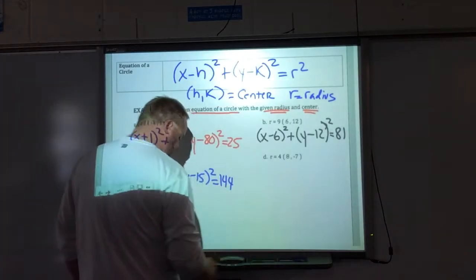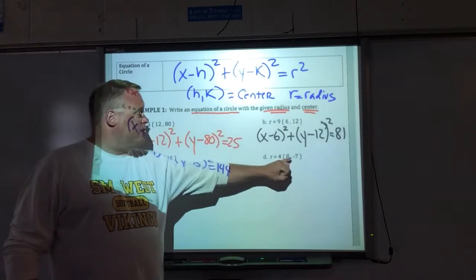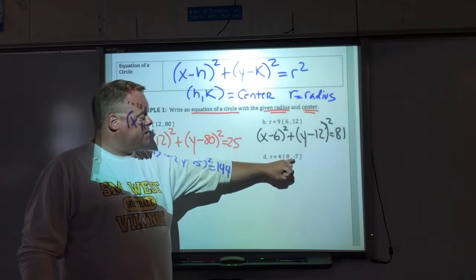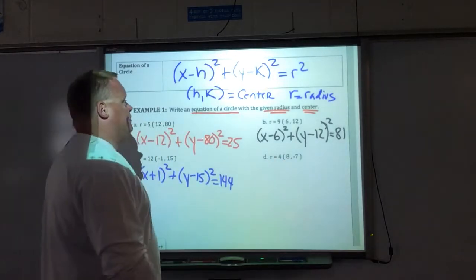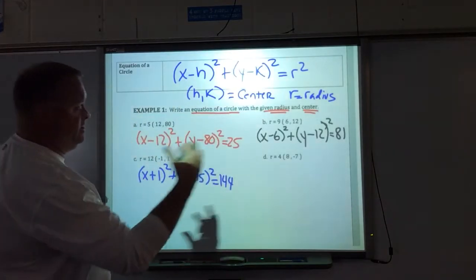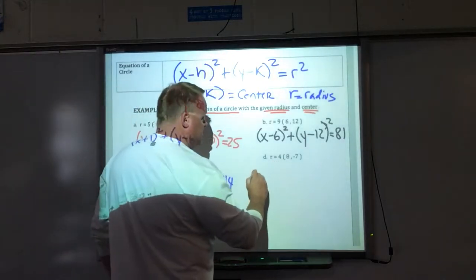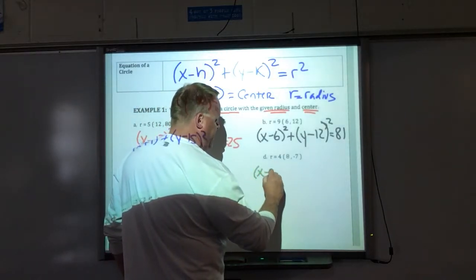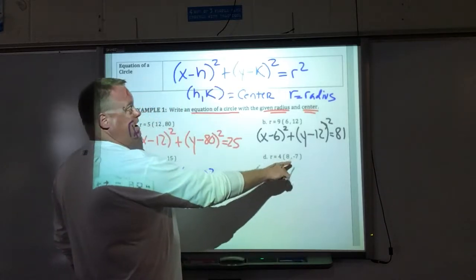All right. And then last but not least, the center of my circle is (8, -7) with a radius of 4. Looking for the equation of that, (x minus h) squared plus (y minus k) squared equals my radius squared. So I look at this, 8 is positive, so it's going to be (x minus 8) squared plus this 7 is negative.